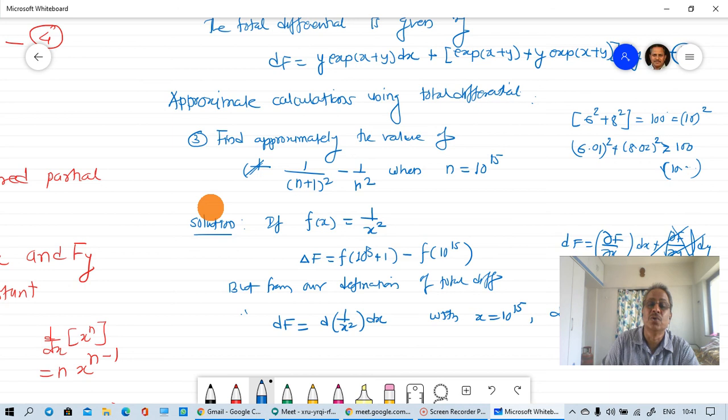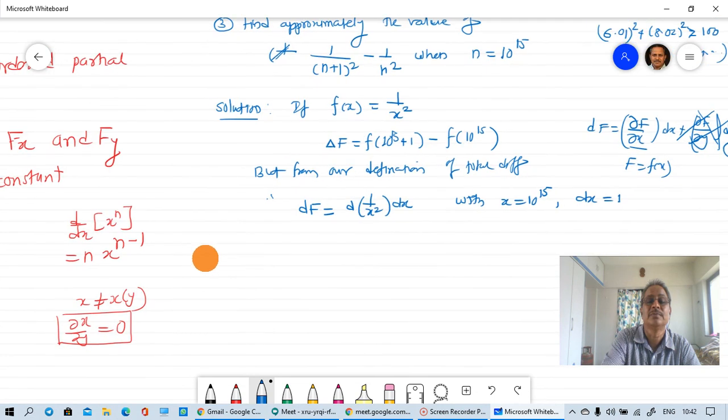So f of 10 raised to 15 plus 1, if this function is calculated, we will get 1 upon 10 raised to 15 plus 1 square in the denominator minus 1 upon 10 raised to 15 square. Now the differential of 1 upon x square, from mathematics: d by dx of 1 upon x square is minus 2 upon x cube.